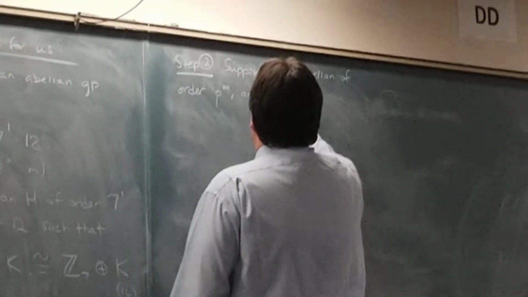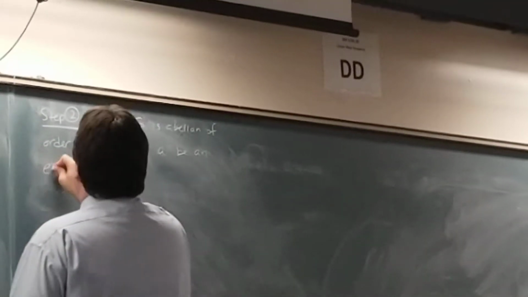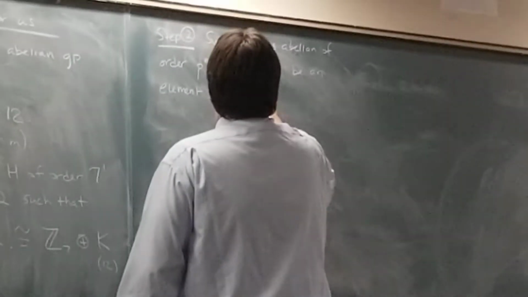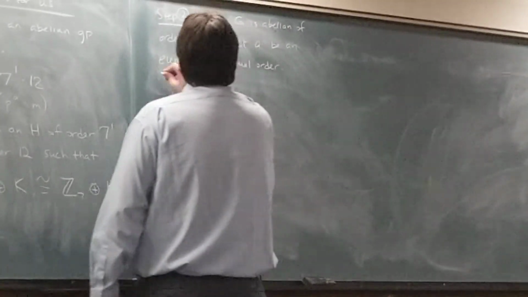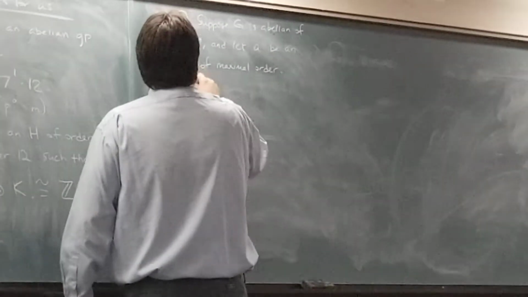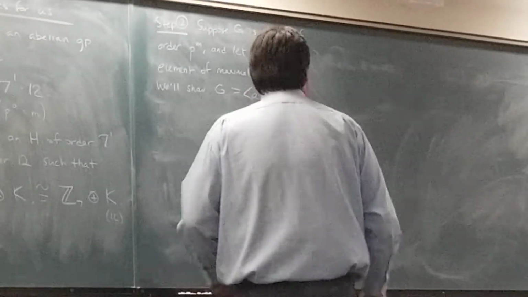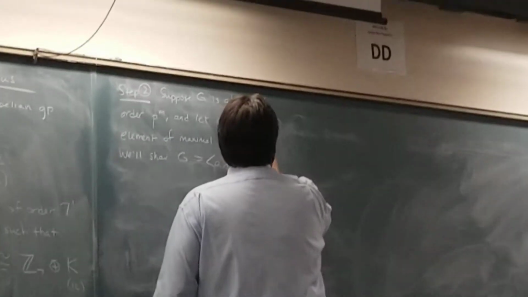And let A be an element of maximum order. Okay, and we're going to show that G is really the cyclic subgroup generated by A, direct product with some subgroup H. I'm not specifying which one yet.